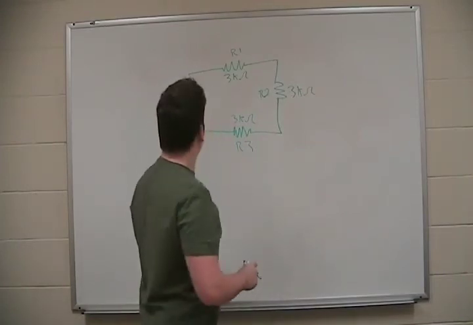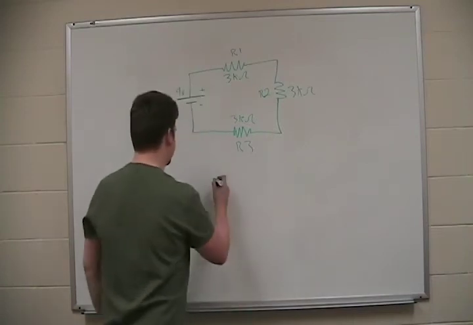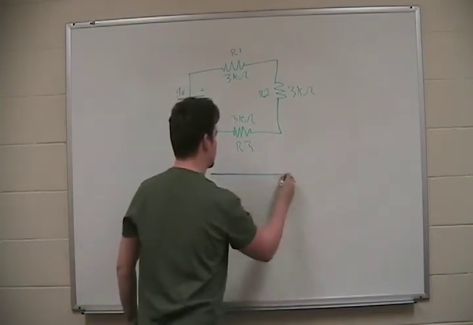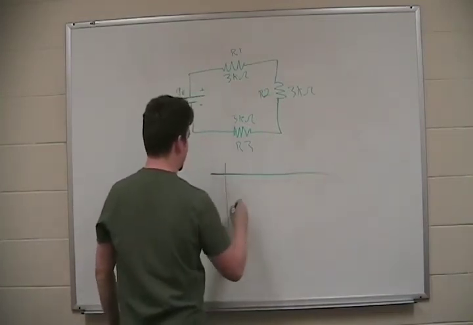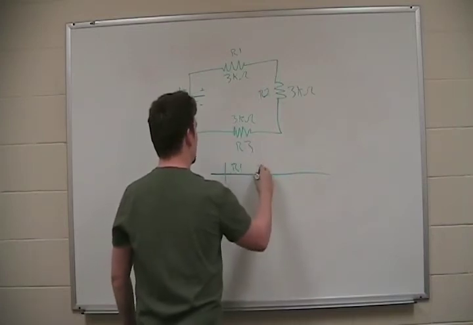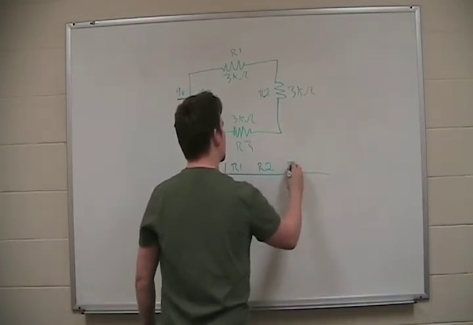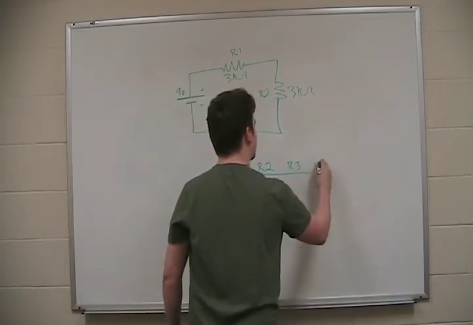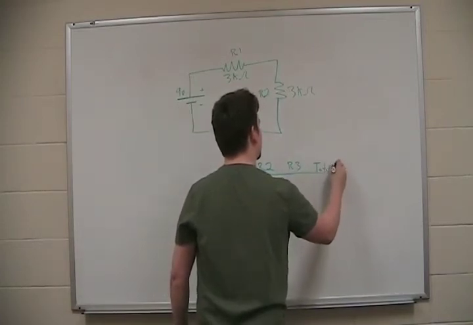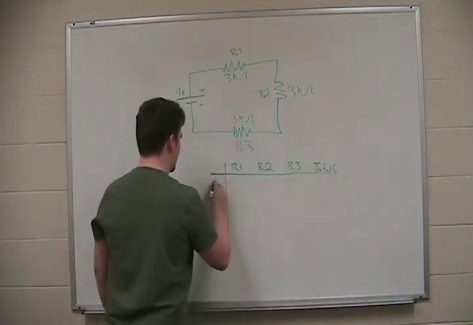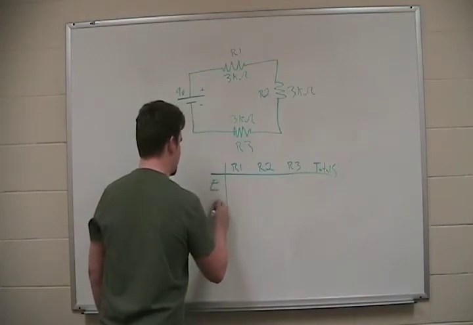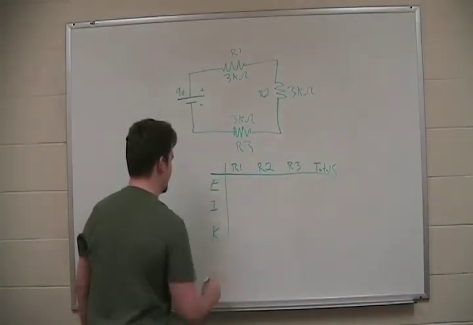First things first, we're going to make a table. This one's going to be R1, R2, R3, and totals. Voltage, current, and resistance.